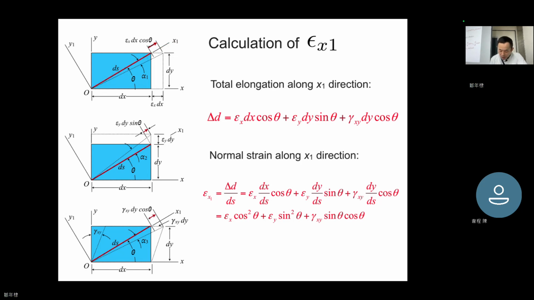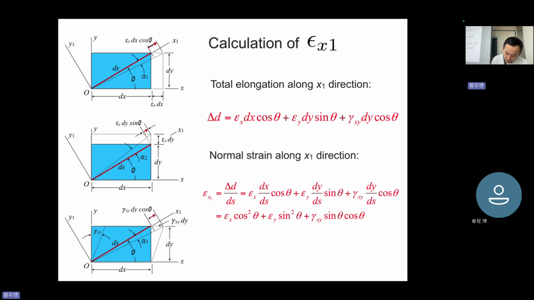If this is dx, and dx elongates epsilon x dx, of course this is its x direction elongation. What will it contribute in x1 direction?